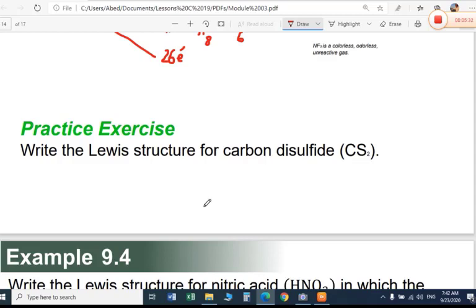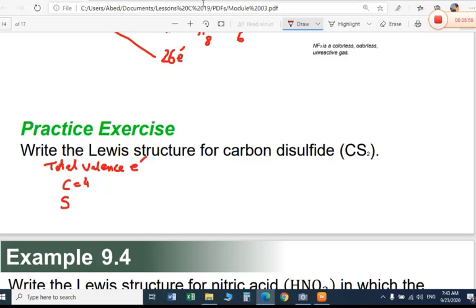Okay, now come to carbon disulfide. So we say rule number 1, total valence electrons. Carbon has 4 electrons in the outside valence shell, and sulfur I think has 6.